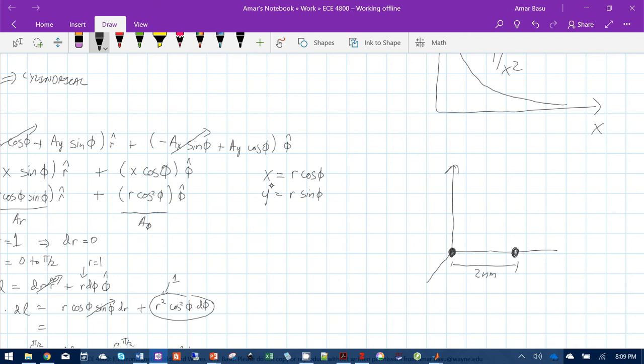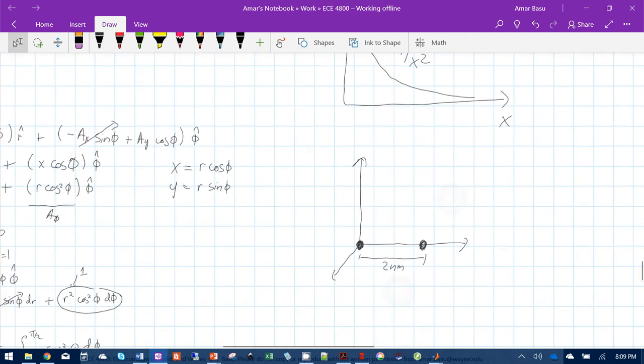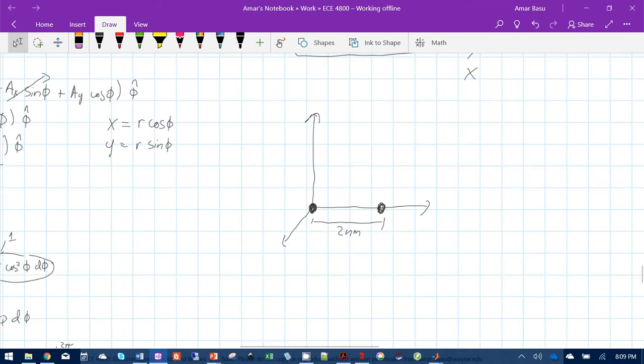The way that we do this problem, it's obviously fairly simple, but the first thing we're doing is we find the electric field at the observation point.